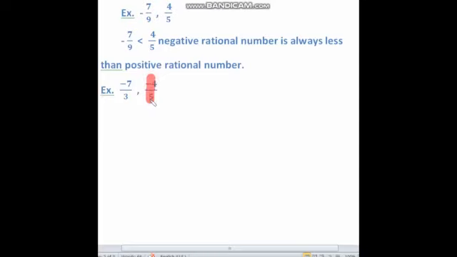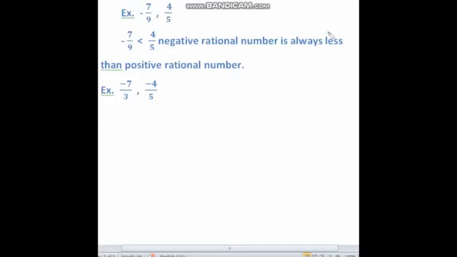Earlier it was minus 5 upon 5, but whatever number is in the numerator and denominator, we need not write it like that; that will be directly 1. So now we have taken minus 4 upon 5, and here another one, minus 7 upon 3. Now we need to compare these, and in this case both are negative rational numbers.